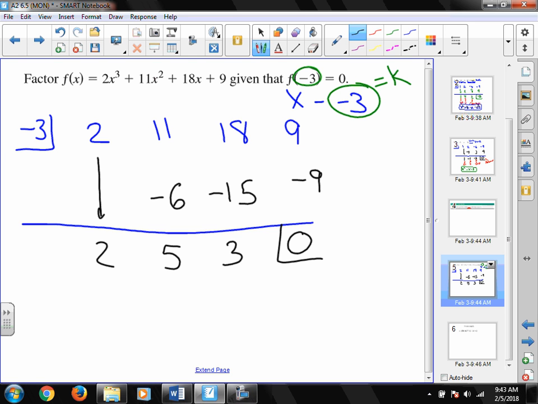In section 6.2, I showed you synthetic substitution, meaning that when you plug this in, this was what that function is evaluated at. They tell us that the function is evaluated, or tells you that when we plug in a -3, we should get 0 out as our answer.